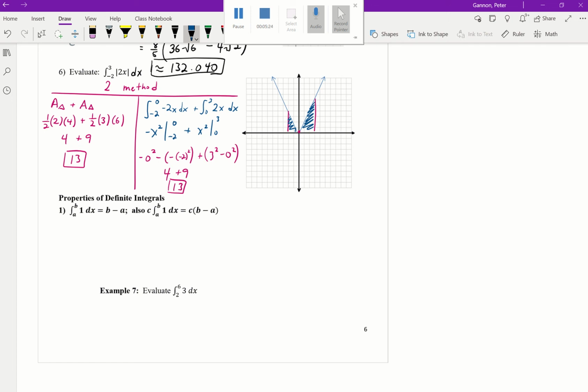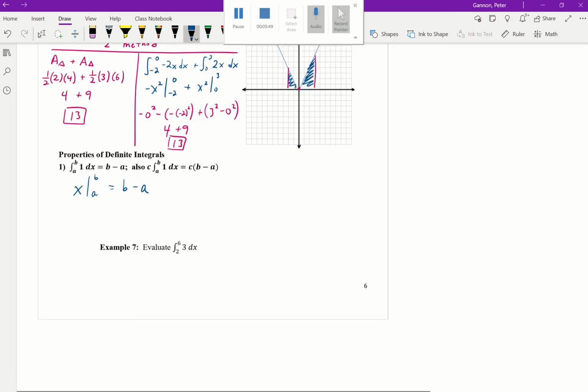So basically what that is telling us is if we're integrating 1, the integral of 1 would be x. So think about what's happening. We're evaluating that from a to b. So it's the upper limit b minus the lower limit a. If it's a constant times 1, then it's just the constant times that interval.